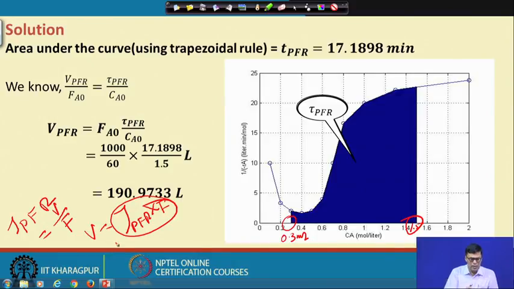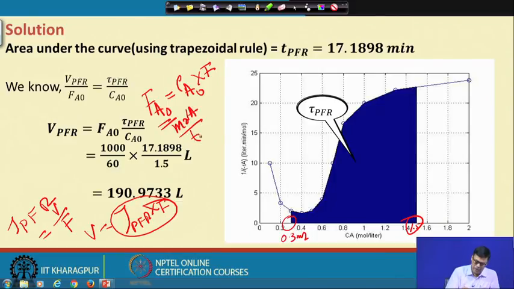Now in this problem it has been solved in a similar way, only they have shown that FA0 is equal to CA0 into F. Am I right? What is FA0? Mole of A per unit time.